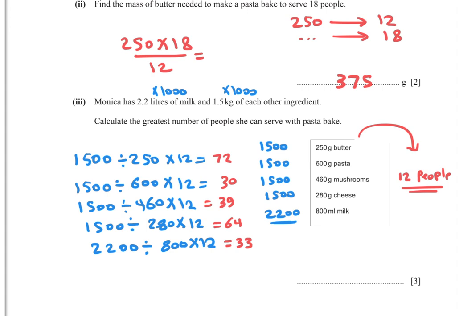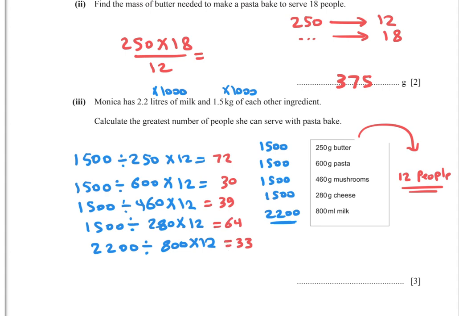Now to find the greatest number of people, we choose the least number of them. Why the least number? Because if we choose 72, we have enough from the butter for 72, but we don't have enough from pasta for 72, or from mushrooms, or from cheese, or from milk.